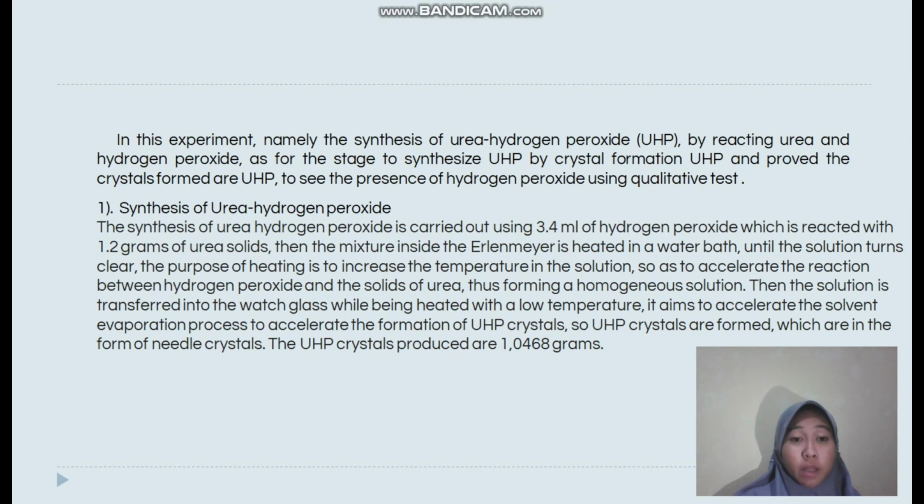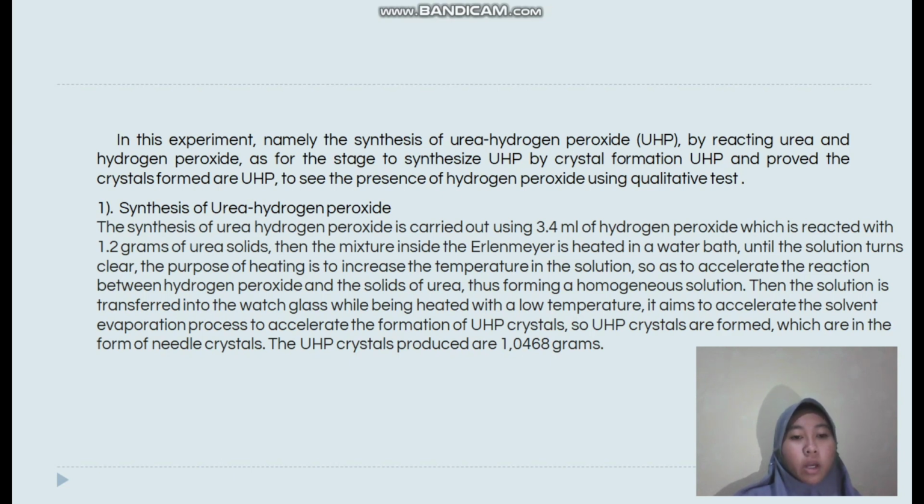In this experiment, the synthesis of hydrogen peroxide formed crystals, and the crystals formed show the presence of hydrogen peroxide.